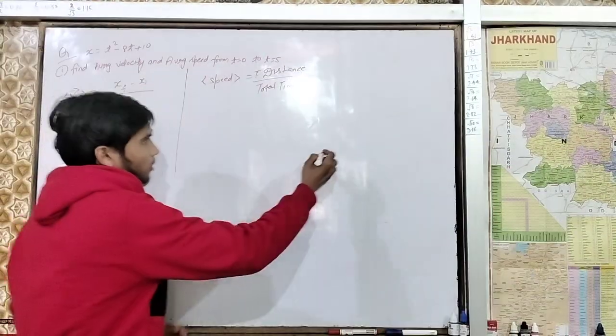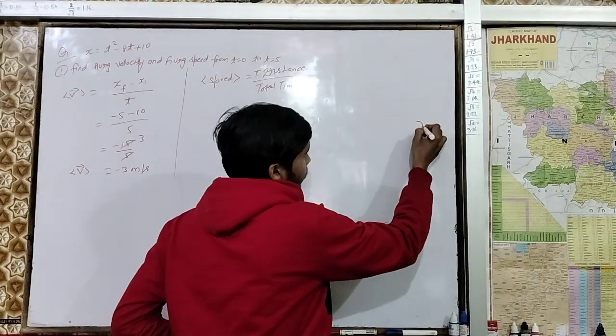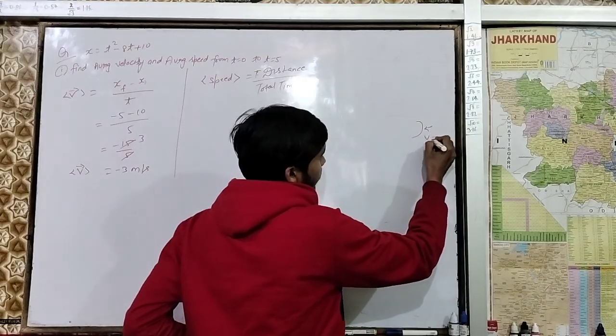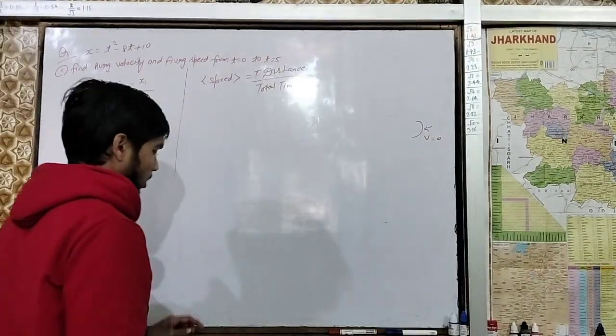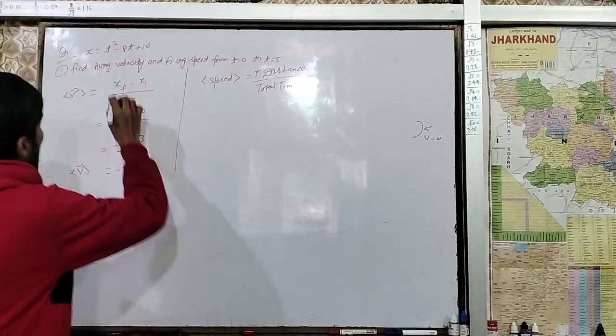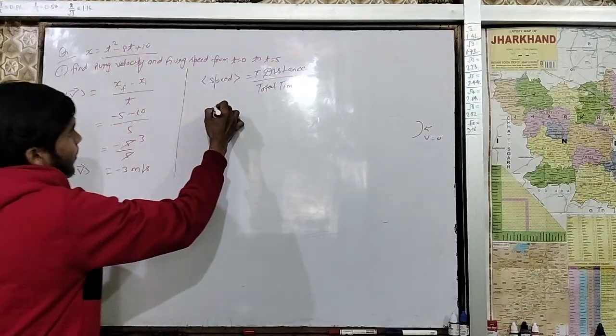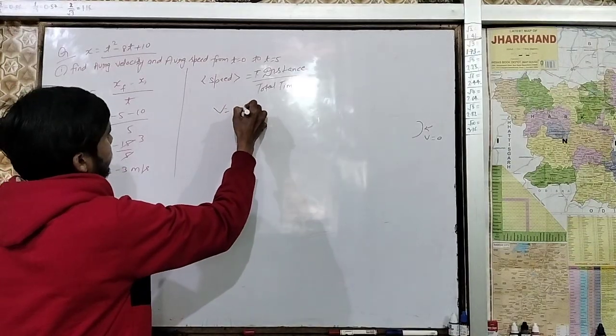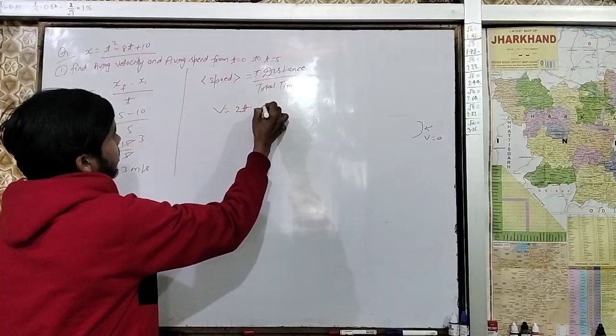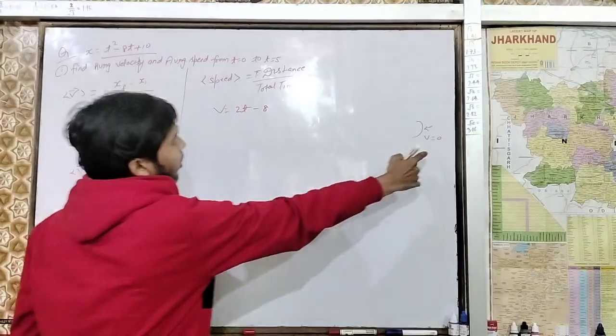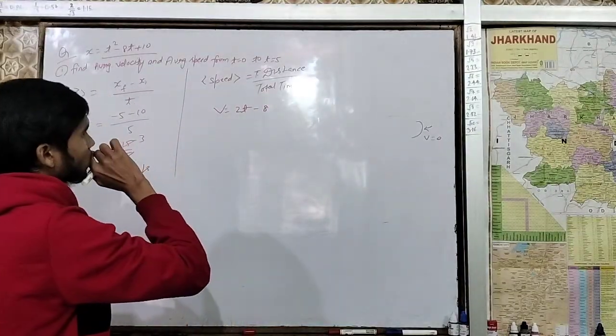For a turning point, always remember, velocity will be zero. So tell me, the differentiation of this will be 2t minus 8. Velocity is becoming zero.